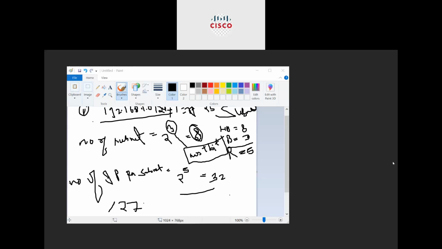So that's the point. That was the key idea, to create the public and private IP.